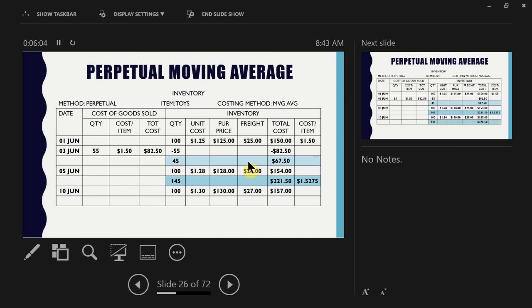And here, again, are we going to solve for a cost per item? No, we need to start adding them all together. So now, instead of 145, I'm going to add my 100 together. Now I have a grand total of 245 at $378.50. Now let's calculate our average cost now.